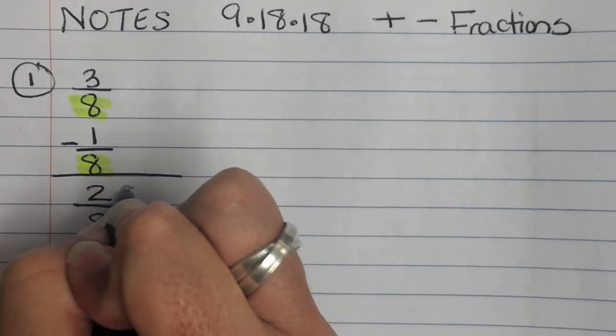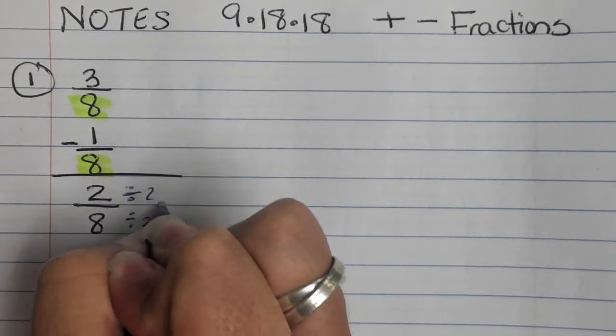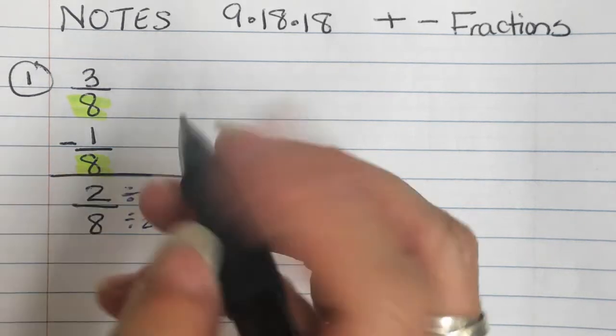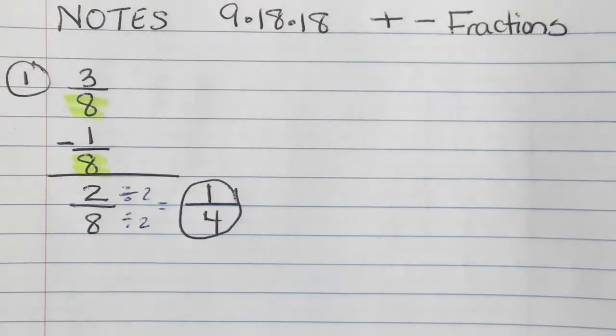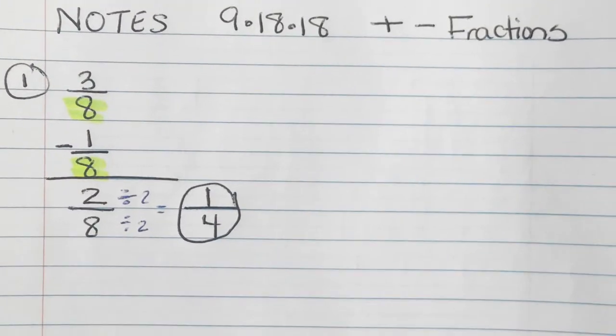So I am dividing the top and the bottom by 2. This is simplifying, which equals 1/4. Okay? That is the simplest it'll go. That is the easiest it will be because that has a common denominator. It's short, it's sweet, it's kind of done.